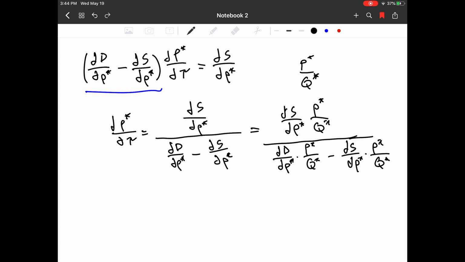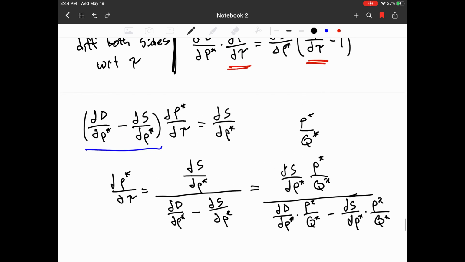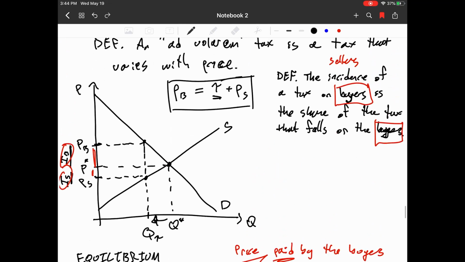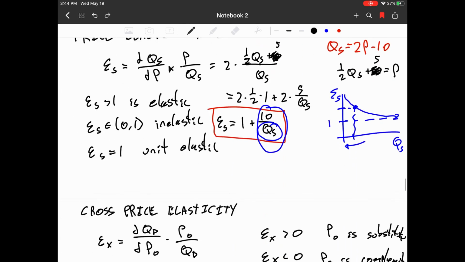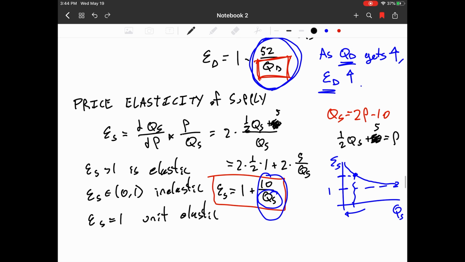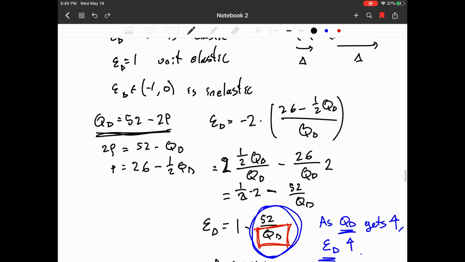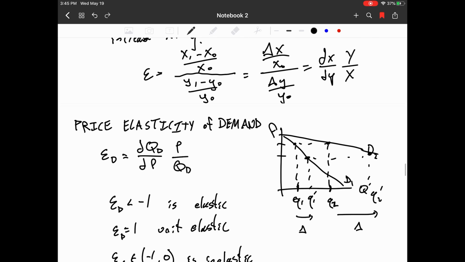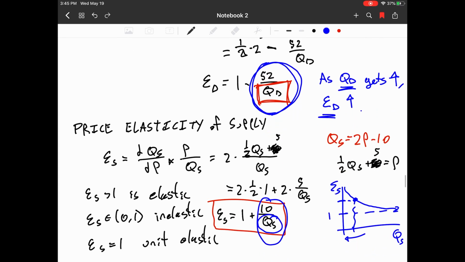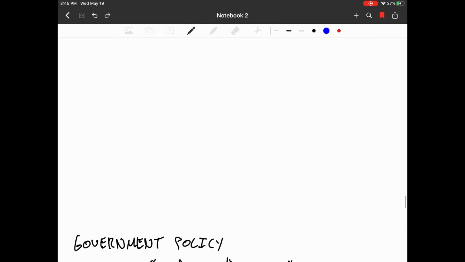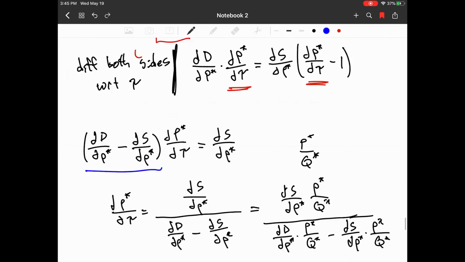Okay. So I'm just going to casually scroll up to our definitions of price elasticity of supply and price elasticity of demand and box these. And you'll see that that's what's in our equation here.